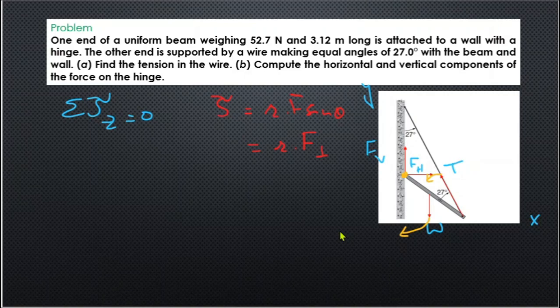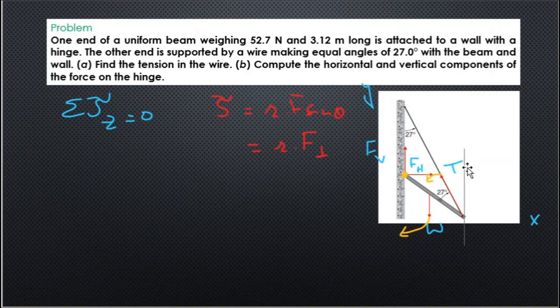Now, in order to use this first condition of equilibrium, which is sigma tau z equal to 0, I need to resolve my forces into their perpendicular components. So let me first draw a perpendicular over here to calculate different angles involved in that particular case.